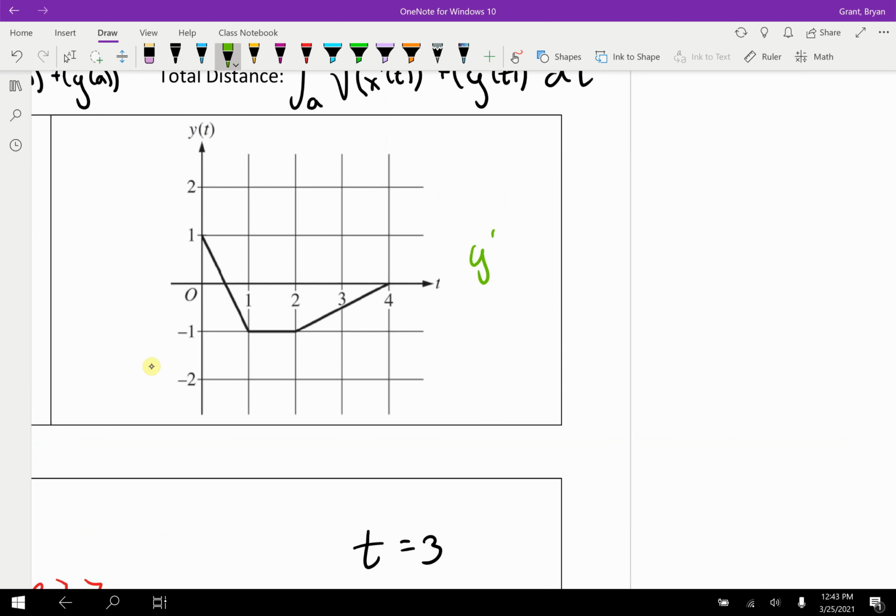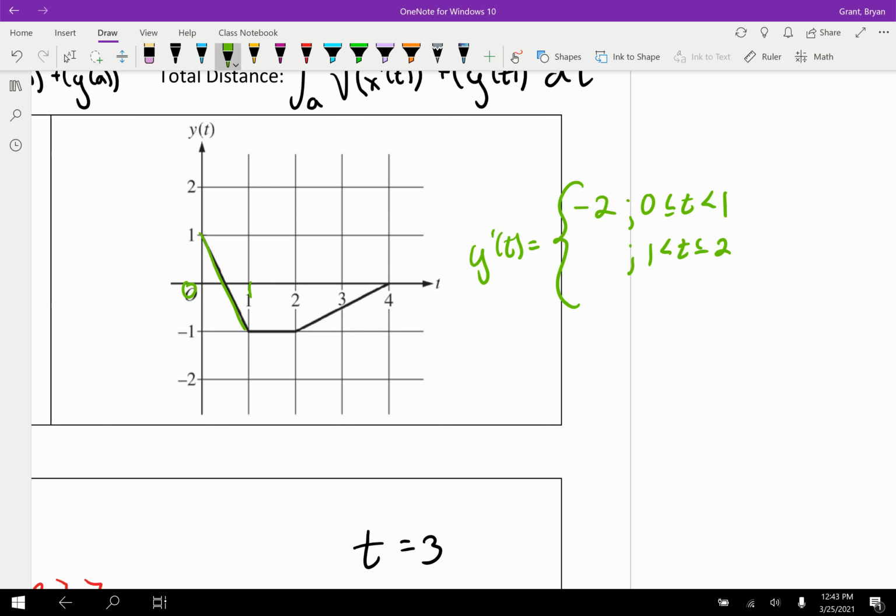So I'm going to say that y prime of t equals, let's just find all the slopes of these lines. From 0 to 1, it looks to me like the slope is down 2 over 1, or -2. From 1 to 2, I probably shouldn't put equals since there's sharp points there.